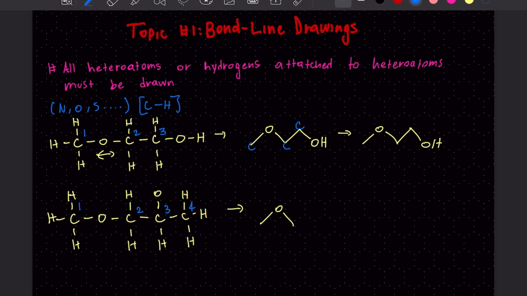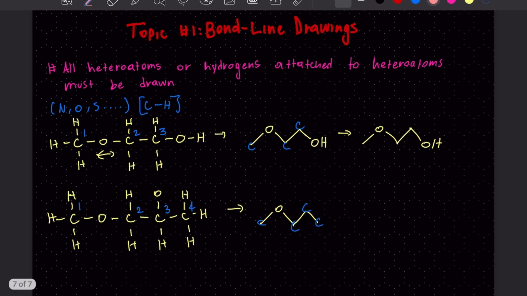And another thing we can notice is that we can just continue drawing our carbons since there's no other heteroatom in our carbon chain. So this will be carbon 1, our oxygen right here, carbon 2, carbon 3, and carbon 4.